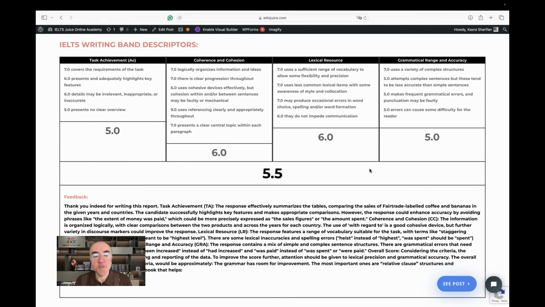As for task achievement, the requirements of the task were all addressed. Now, the issues. We only adequately highlight key features, meaning we forgot to mention the footnote. We didn't talk about this type of trade being Fairtrade labeled sales.